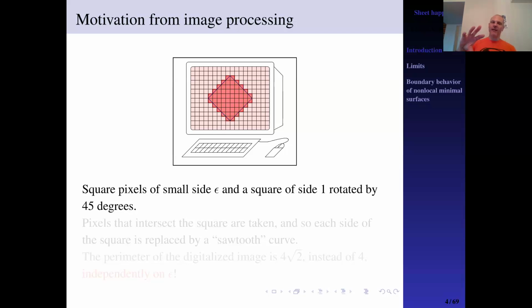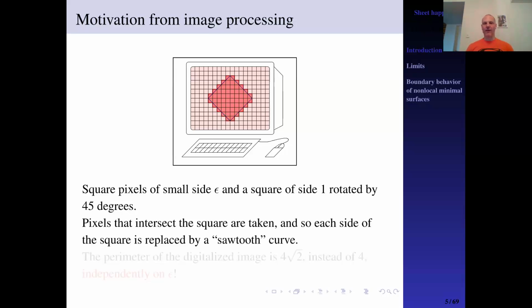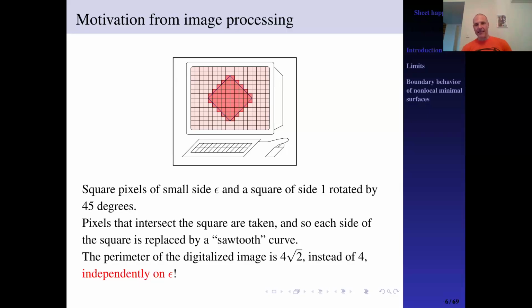The issue, however, is that there is a rotation, say, of 45 degrees between the pixels and the square. And now the computer makes a small numerical error because instead of considering the square as it is, it has to digitalize the image using the pixels, and so it replaces a segment with the sawtooth curve.